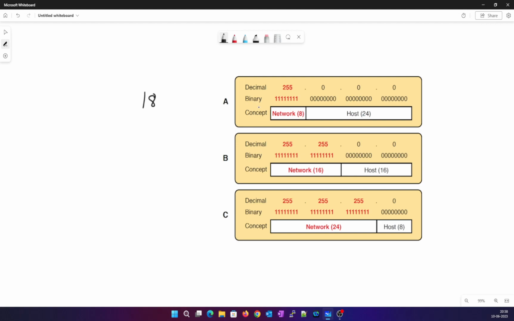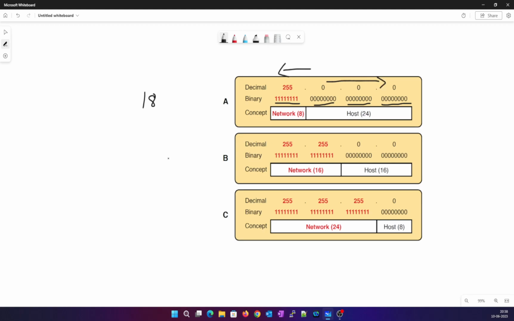So if you see here, this network octet contains all ones and the others are zeros. Using the three rules, all the network bits, meaning all ones, are on the left hand side and all zeros are on the right hand side.